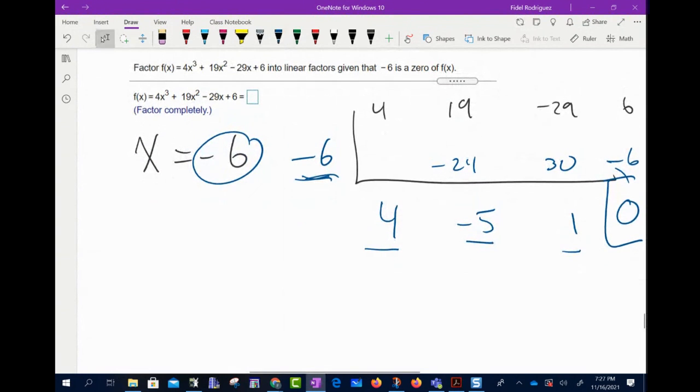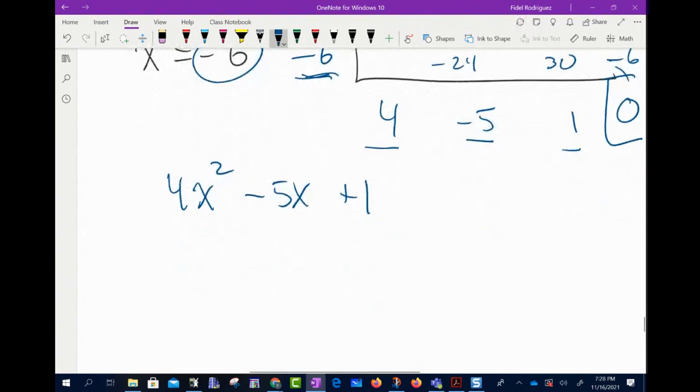All right, so remember, we used to have an x to the third. And so now the 4 is the number in front of my x squared. The -5 is the number in front of my x, and the 1 is my constant term. Since we want to factor this into linear factors, we're going to multiply. 4 times 1 is 4.